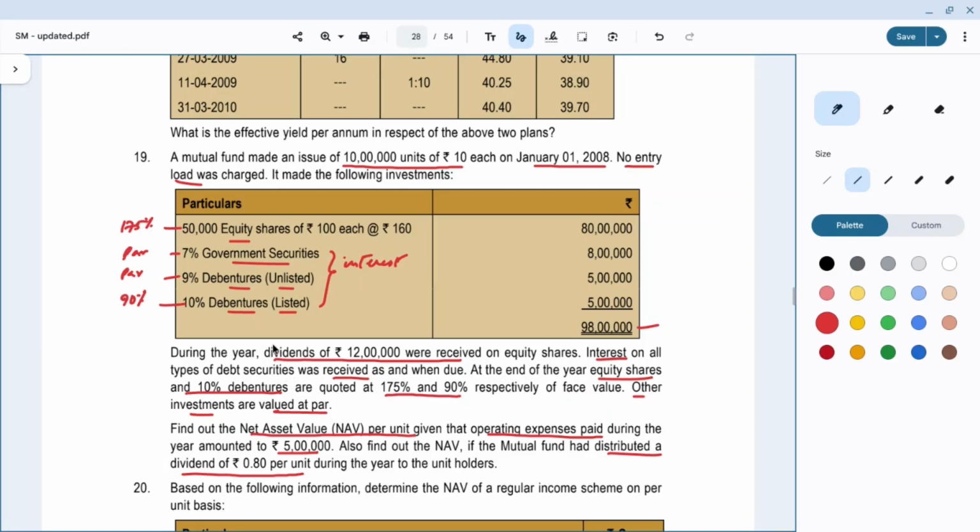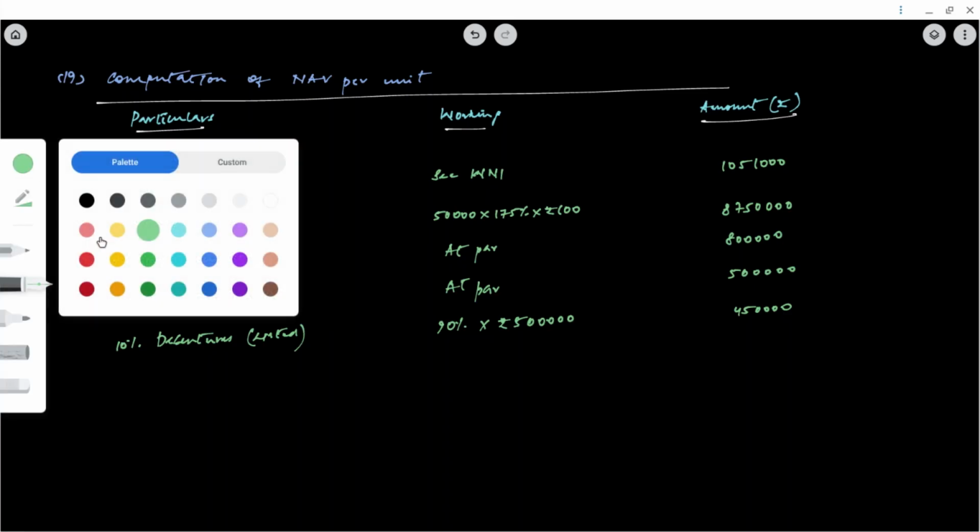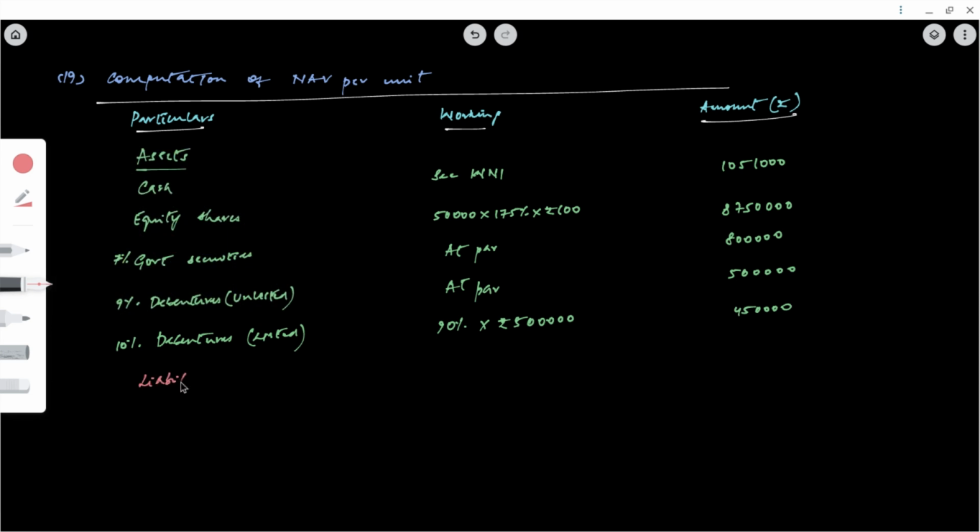Okay. So with this, assets are done. Now any liabilities? No, we don't have any liabilities because even operating expenses are paid. Liabilities are 0.